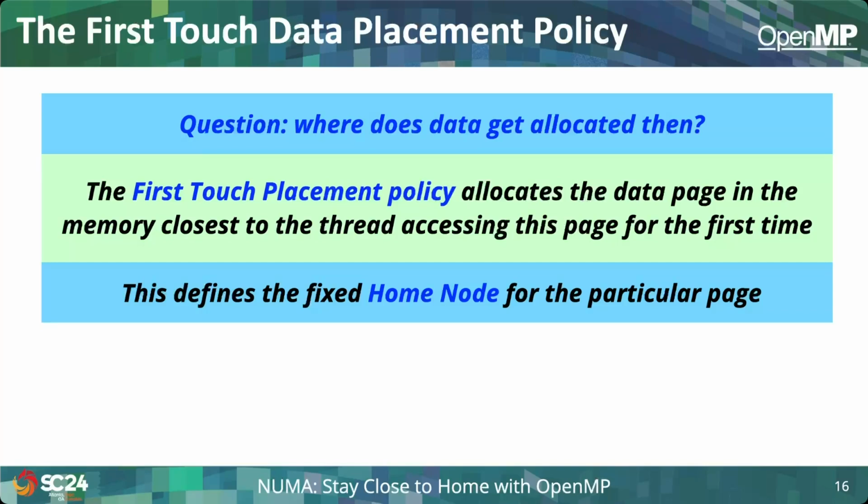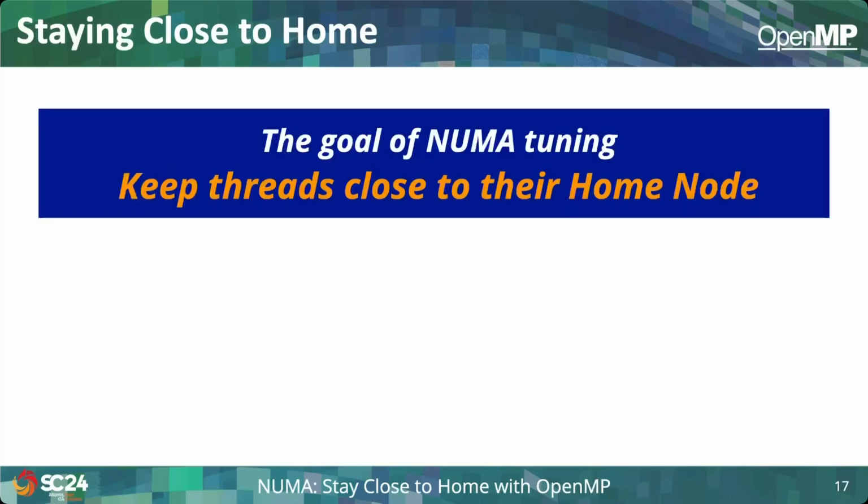Wherever that data is allocated, that's the home node, that's a fixed location. And in that way, you can describe the goal of NUMA tuning is keep threads close to their home node. You really want to achieve that situation as much as possible. As I earlier said, it's unavoidable that you have remote accesses, that's fine, but the bulk of the accesses should be from the home node.